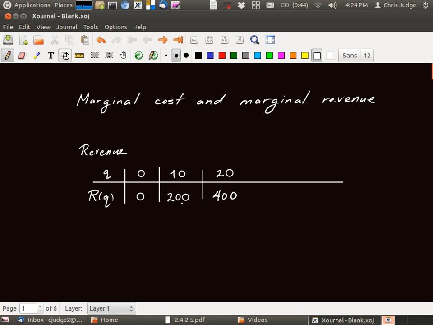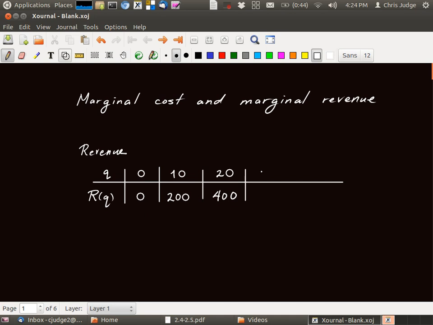So the price here looks like the price was $20, because 20 times 10 is 200 and 20 times 20 is 400. But something could happen here. For example, if I make a lot of things, I might flood the market and have to lower my price. So my price may go down based on the demand curve.